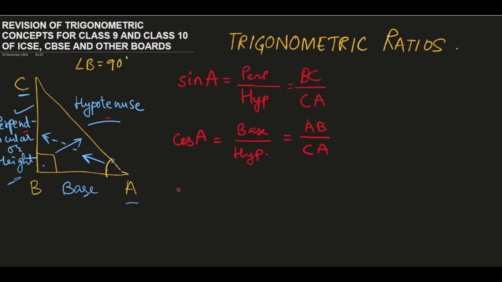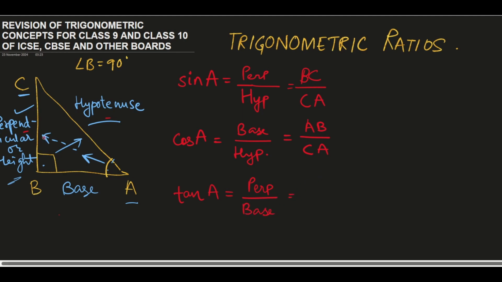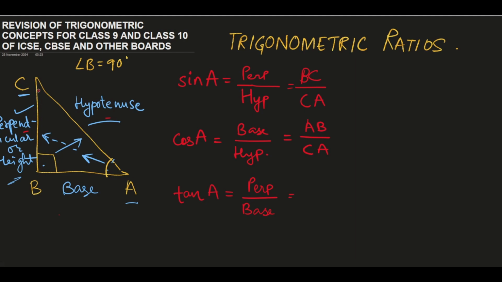Similarly, we have the next ratio as tan A, which is better called tangent of A, or shortly said as tan A. This is perpendicular by base. So here perpendicular is this side, which is BC, and our base is AB. So this will be BC by AB.